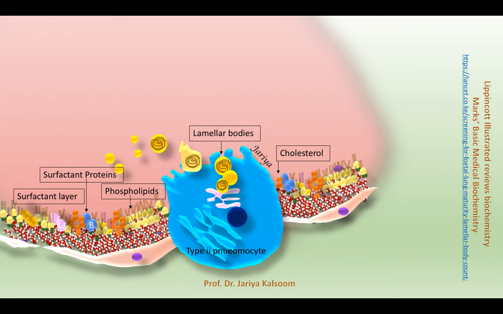Type 2 pneumocyte cells release both surfactant lipids and the hydrophobic proteins in response to a variety of stimuli through exocytosis. These are synthesized and stored in storage granules termed lamellar bodies and released upon appropriate stimuli by exocytosis. Once released into the alveolar space, the freshly secreted lamellar bodies help to establish the surfactant active lining layer.